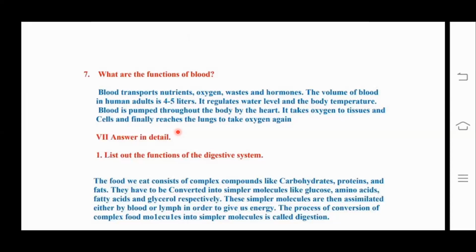If our body temperature is high, we have a fever. This blood is pumped throughout the body by the heart, and it takes oxygen to tissues and cells, and finally reaches the lungs to take oxygen again. So we have seen the answer in detail.